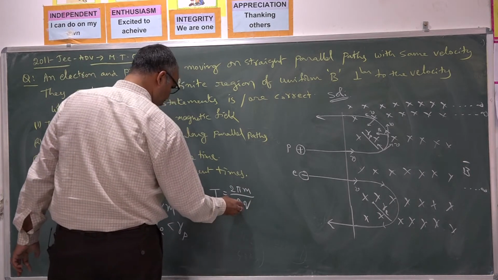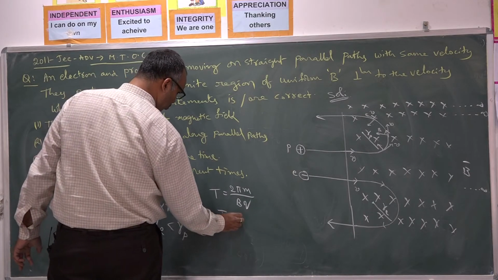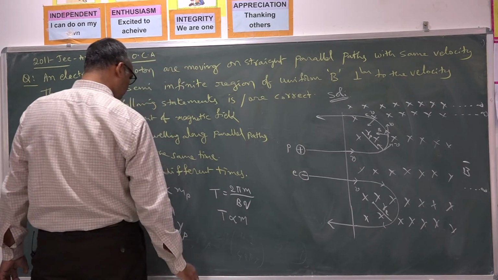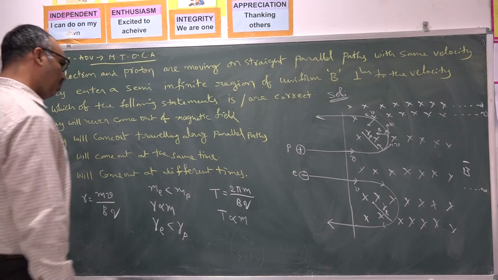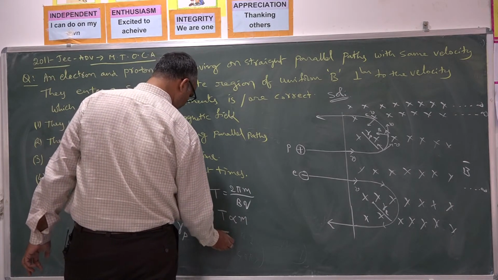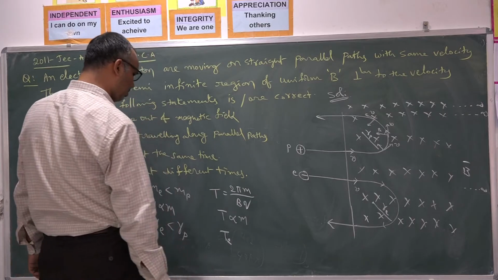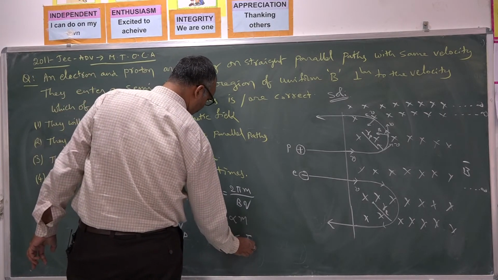Here also B is constant, q is constant, 2 pi is constant. Time also depends on whom? Mass. A particle with more mass will take more time. A particle with less mass will take less time. So the time taken by the electron is less than the time taken by the proton.